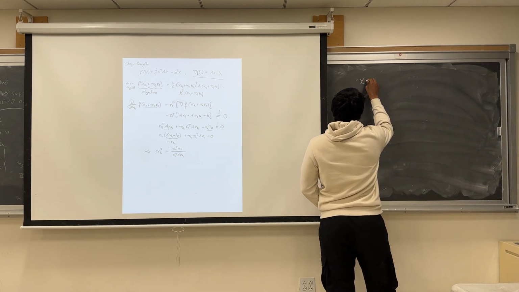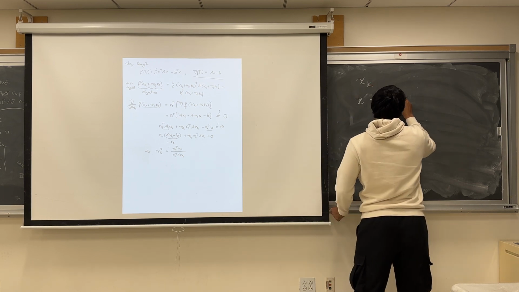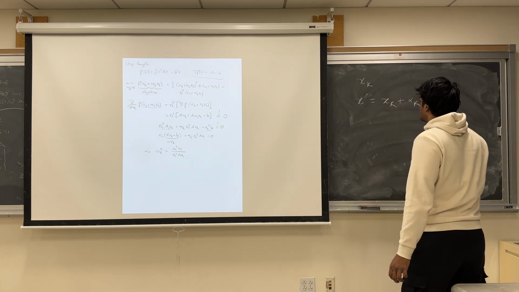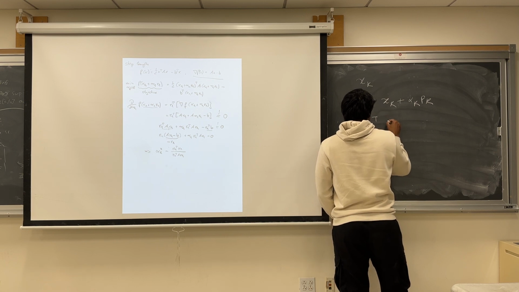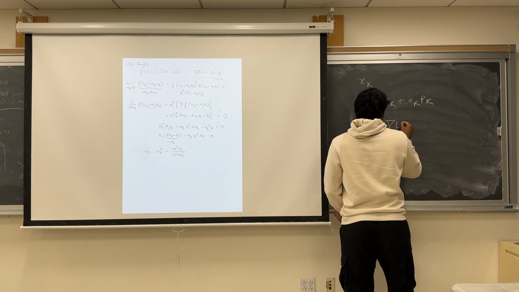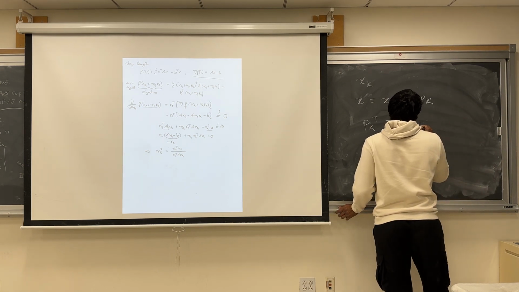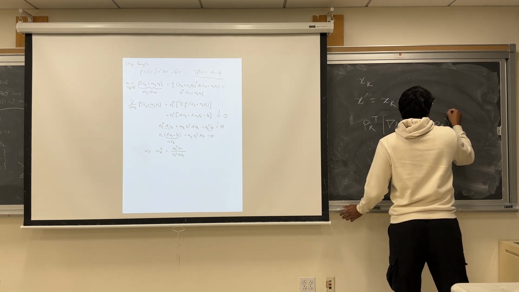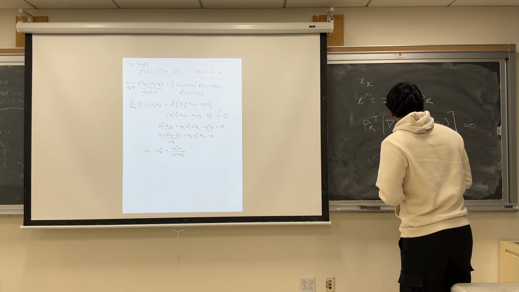Let's say I'm at a point xk, I move to a point x prime, which is xk plus alpha k pk, right? A general direction pk. The direction pk transpose should be perpendicular to my gradient at xk plus alpha k pk, right? This should equal 0. This will give me the ideal alpha k.